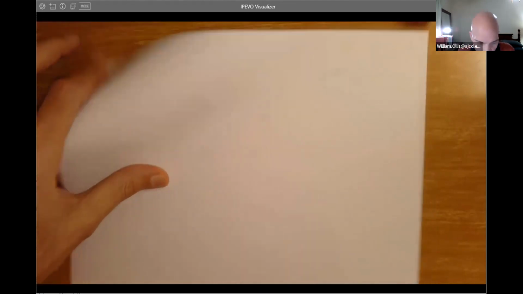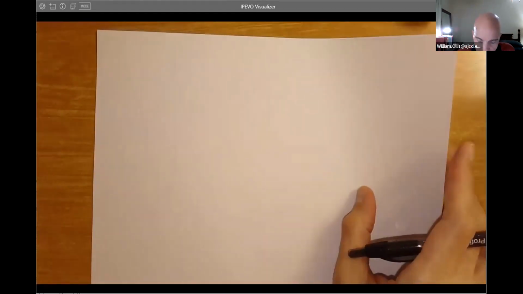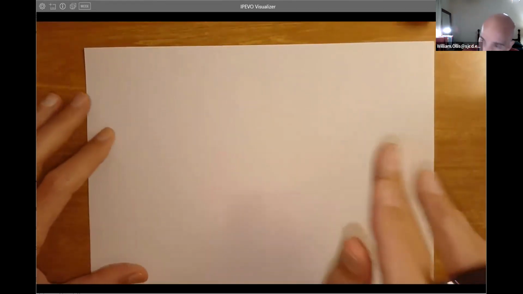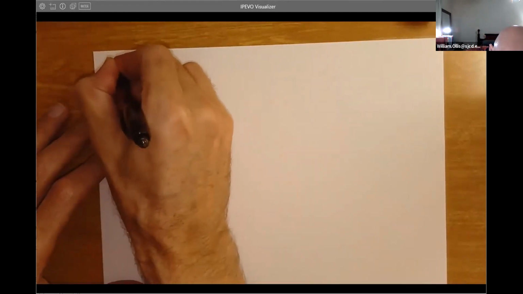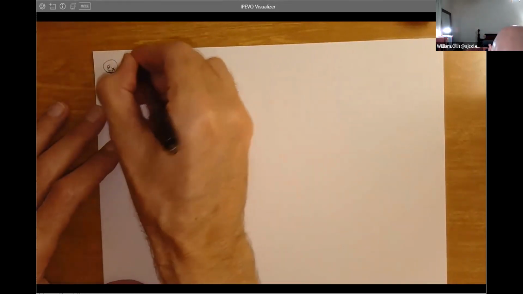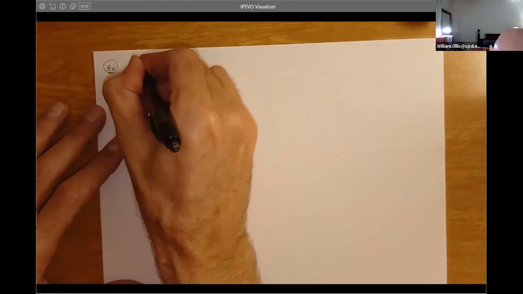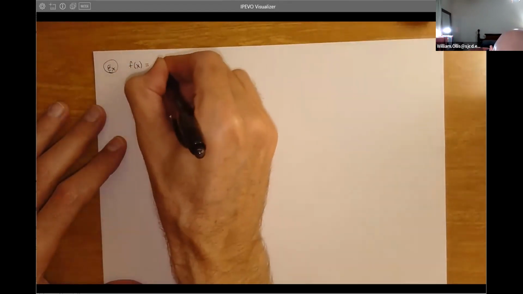Now, in basically trying to become comfortable with this, we can just write down a function and then give a particular approximating polynomial. So here's an example where we have f of x, our friend, the inverse cosine.